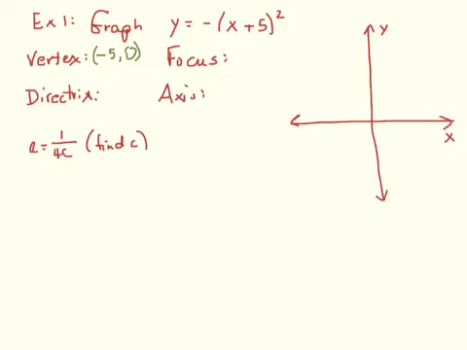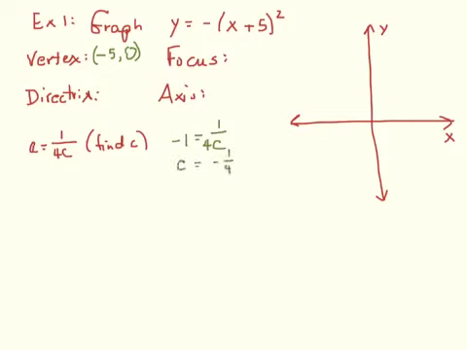Now, in order to find the focus and the directrix, we need to know the value for c. And I don't see a number in front of my x plus 5 squared parentheses, but I do see a negative, which means that a is negative 1. So that means negative 1 is equal to 1 over 4c. We're going to cross multiply that, and then we end up with c is equal to negative 1/4.